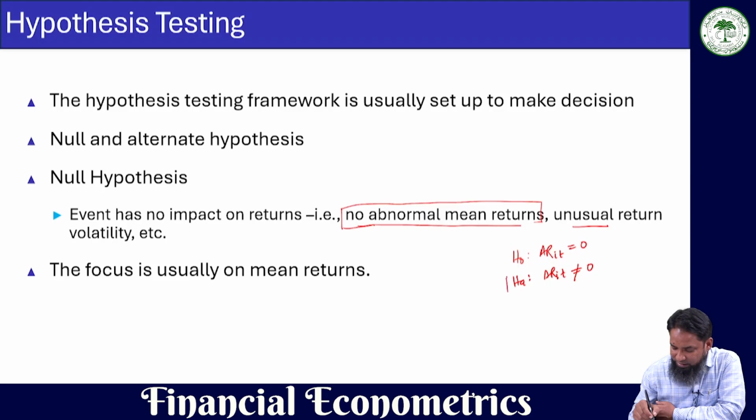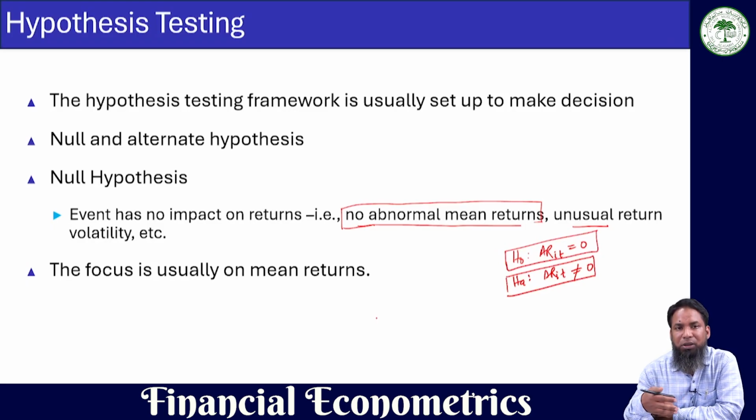So, if we accept the null, that means there is no impact of the event on the asset return. Or if we reject this null, thereby implying that yes, there is an impact of the event on the asset returns.